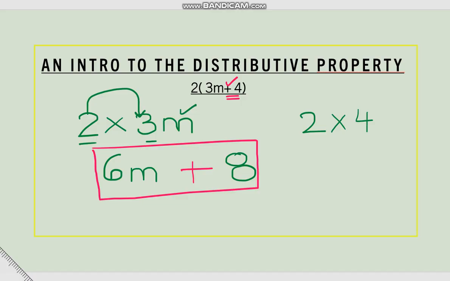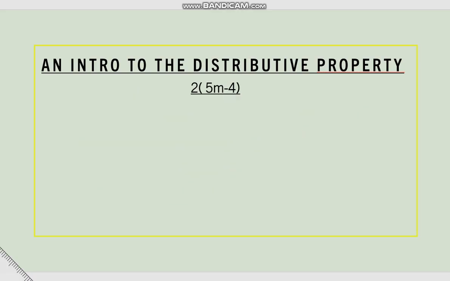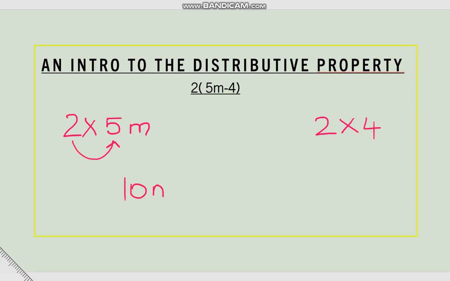Let's take another look where our question has a negative sign. Does it create any impact here? 2 outside the brackets multiplied to 5m. 2 outside the bracket again multiplied to the second term, that is 4. 2 times 5 is 10, 10m, and 2 times 4 is 8.